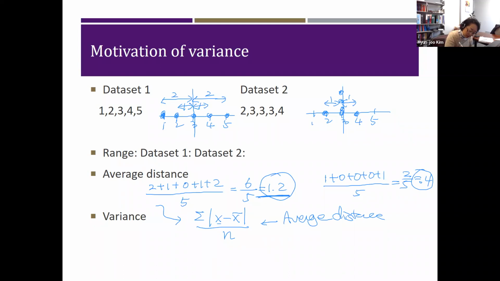Instead of absolute value, we're going to use square and sum, and we're going to divide by n minus 1 rather than n. And this is where the sample variance comes from. The sample variance, we call that S square, and we're going to actually use that. So that's where the variance comes from.